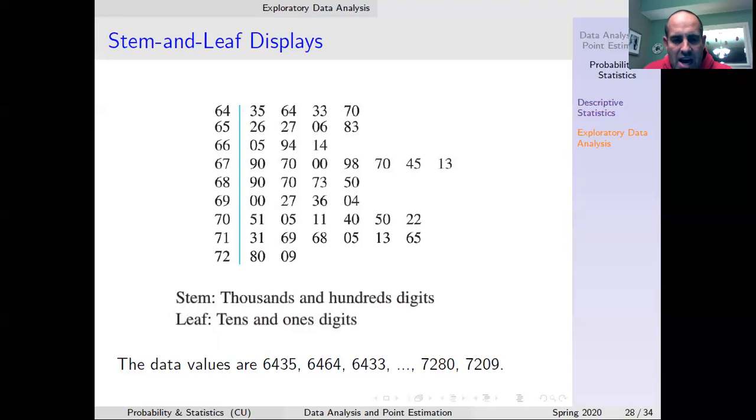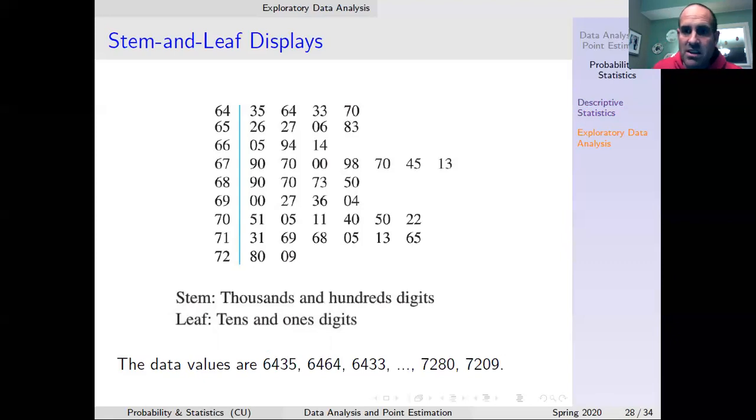So if you do that, then what happens? You have the thousands and the hundreds digits serving as the stem in this case. That's going to spread things out. And you say, well, it looks like 6-4 is the smallest and 7-2 is the largest. You list them all, even ones that don't have any data values. So if there was none that started with a 6-6, you would still put it there.